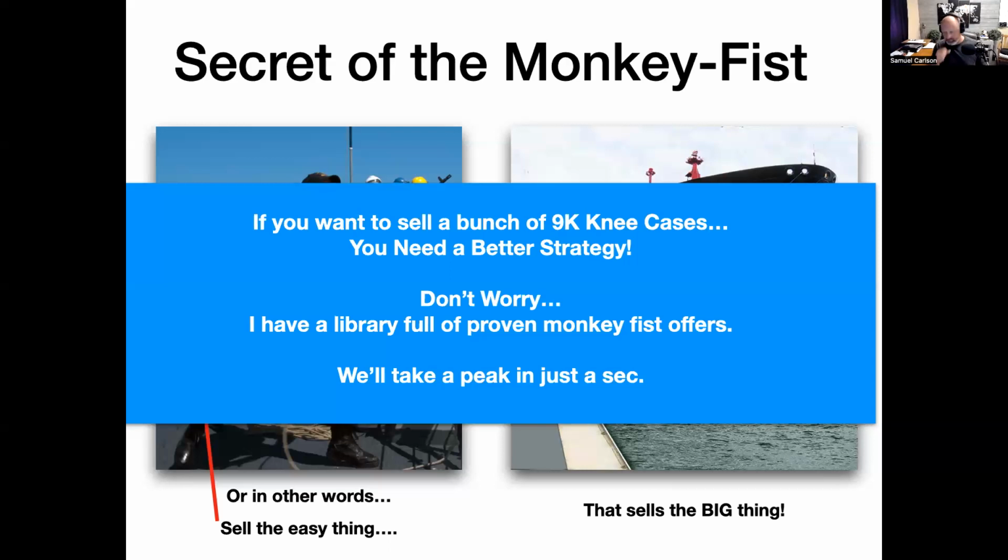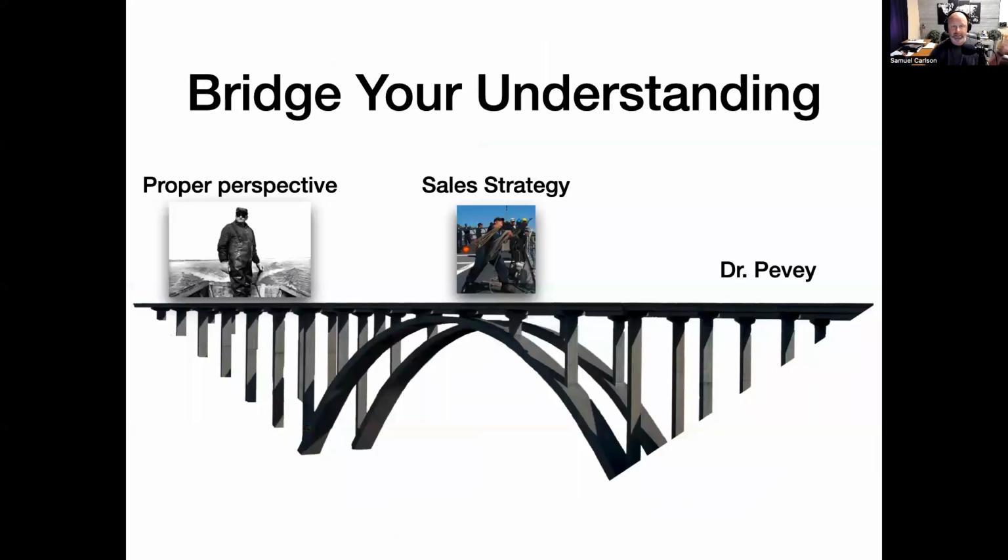If the first strategy is proper perspective, that also lends to this monkey fist strategy. We want easy things to sell that are of interest to those people that we're trying to sell them to. So bridge your understanding, have the proper perspective, have an actual sales strategy that makes getting new customers easy.